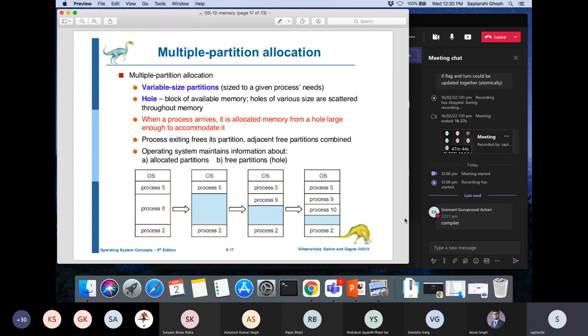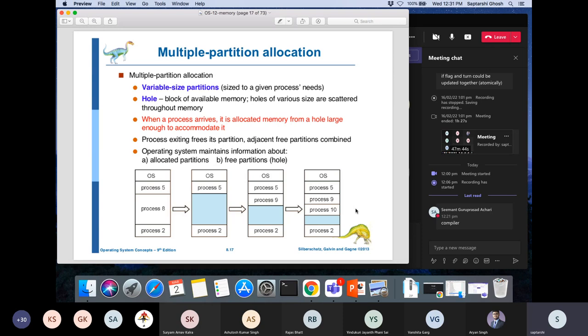In the picture you see here, at this point processes 5, 9, 10, and 2 are running, and there is one hole. Now suppose process 5 ends. Another hole will be created where process 5 currently is. So at any point of time, there can be multiple holes scattered throughout the memory.